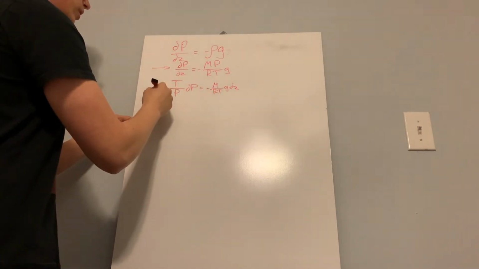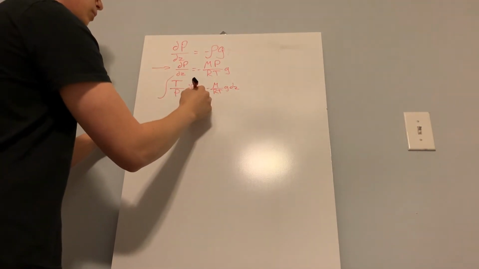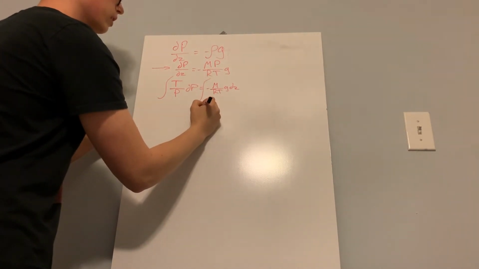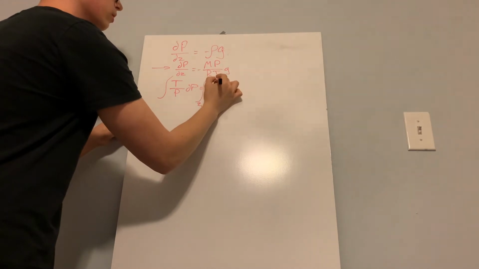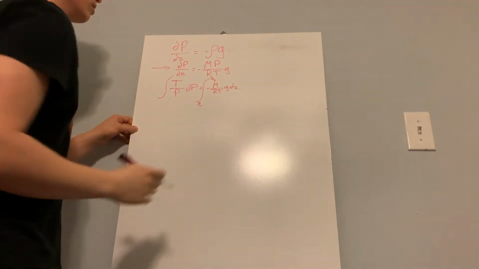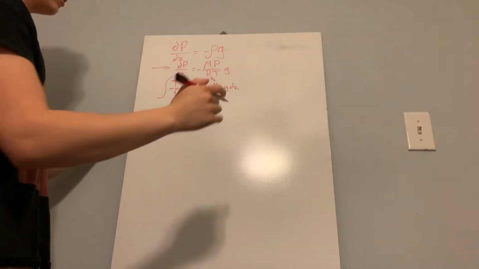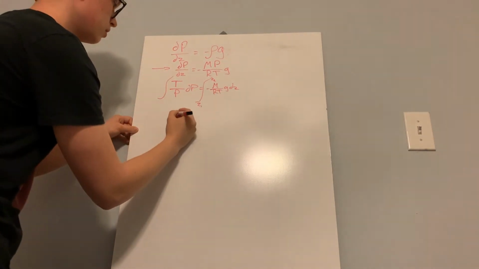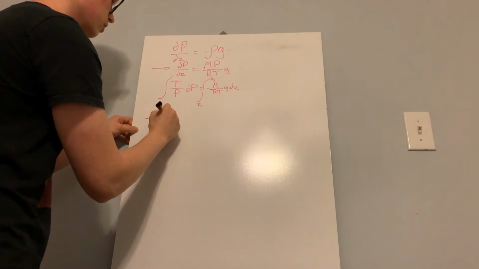And what we're going to do here is integrate both sides, and this integral right here is from z1 to z2, or altitude 1 and 2. And we're just going to go ahead and solve this integral right now and leave this one for later.